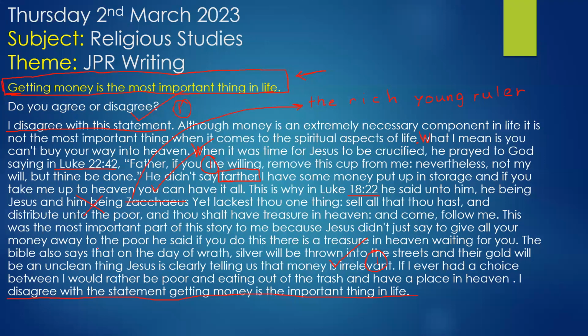This was the most important part of the story to me because Jesus didn't say, give all your money away to the poor. He said, if you do this, there's treasure waiting for you in heaven. She didn't connect it. She didn't say, and this is why money is not the most important thing. So she still had us guessing, but I'll give her it. It's implied, but I wanted it to be more clear than this.